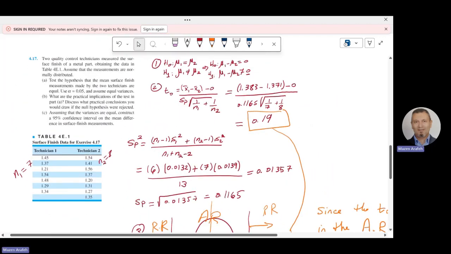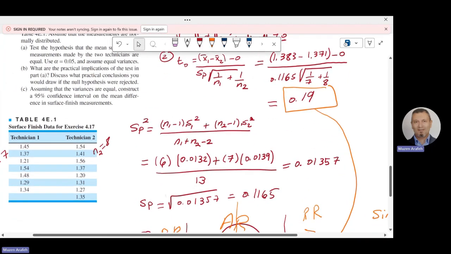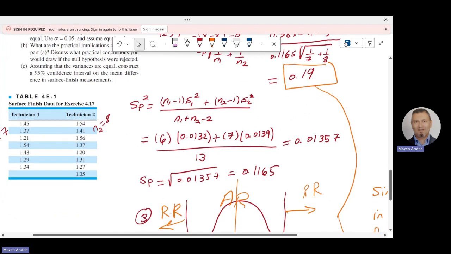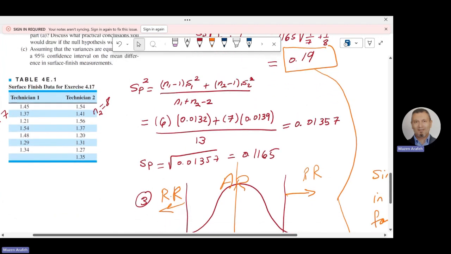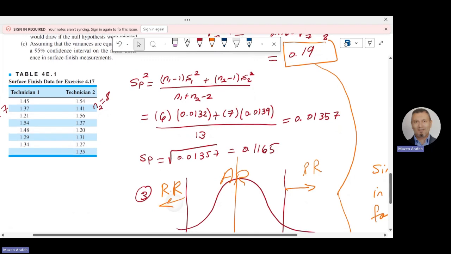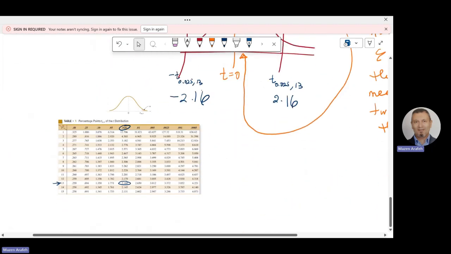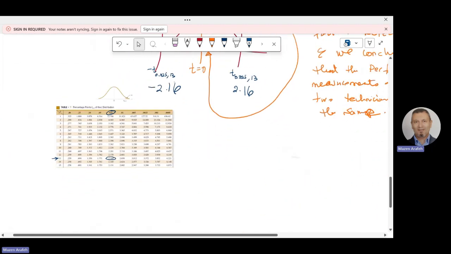Okay, so now part C here, assume that the variances are equal. Construct a 95% confidence interval on the mean difference in surface measurement. So let's do it here.